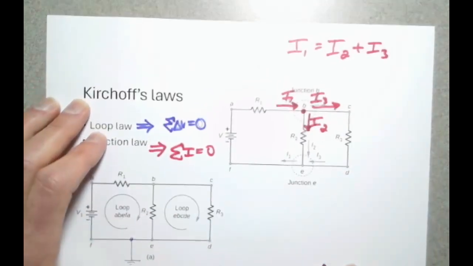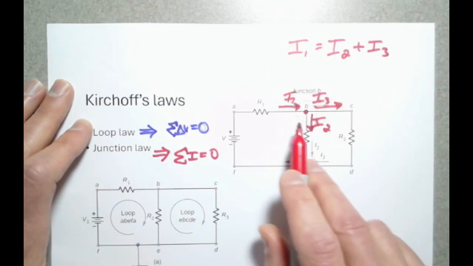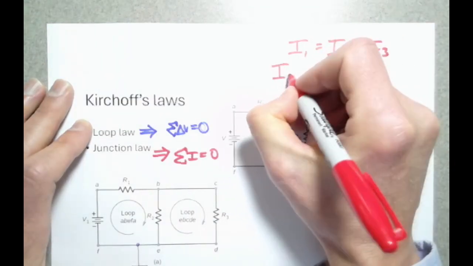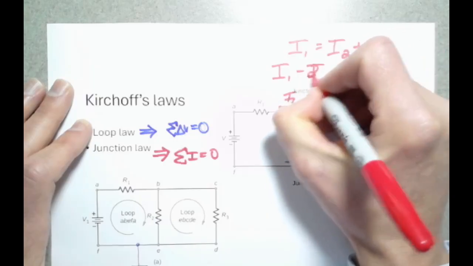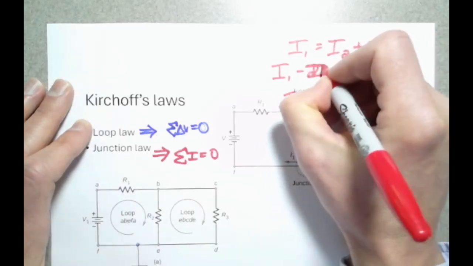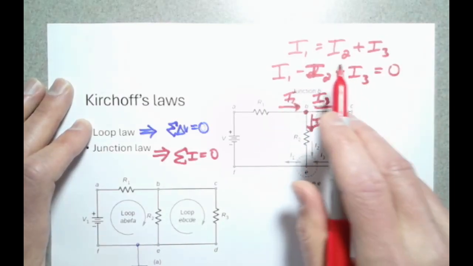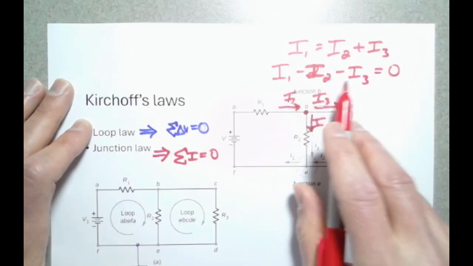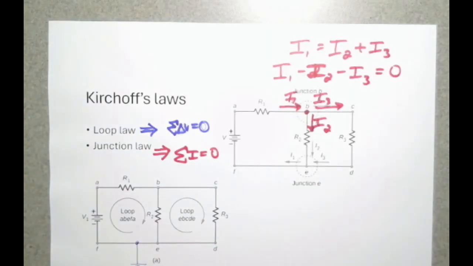The other way I could state this is that the incoming currents are positive, I1, and the outgoing currents are negative, minus I2 minus I3, equals 0. Hopefully you can see that these are mathematically equivalent: I1 equals I2 plus I3, or I1 minus I2 minus I3 equals 0. So these are the 2 laws.